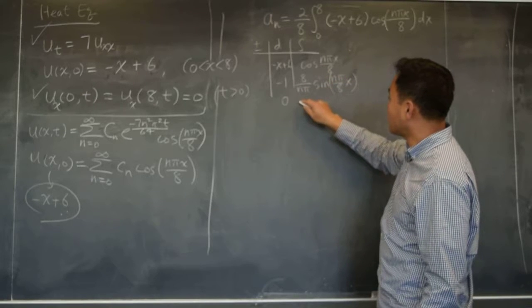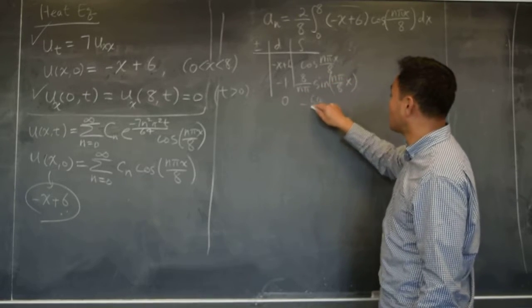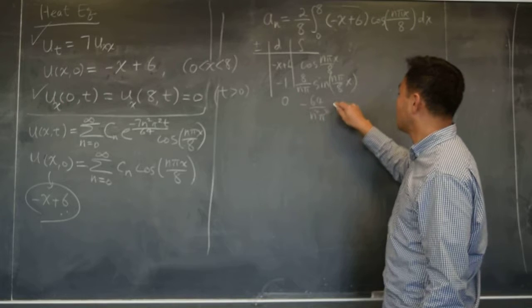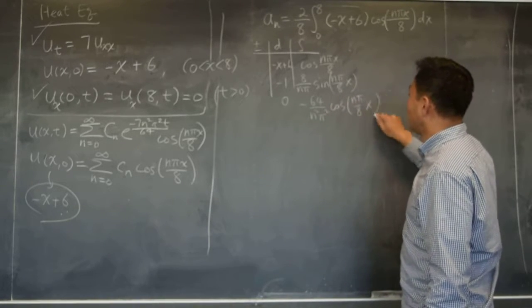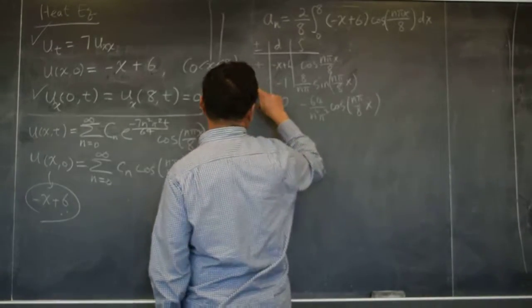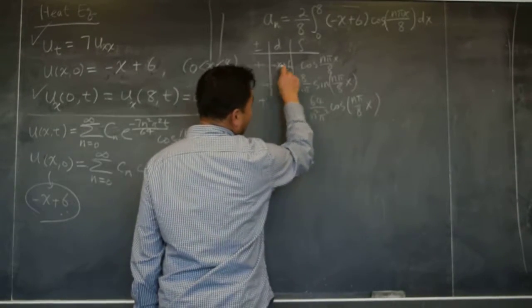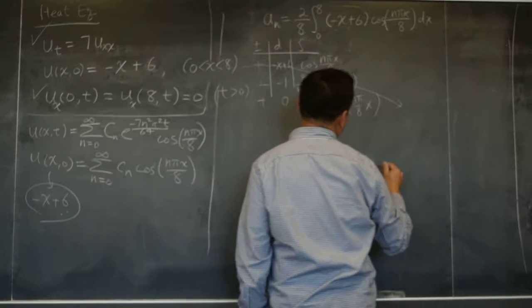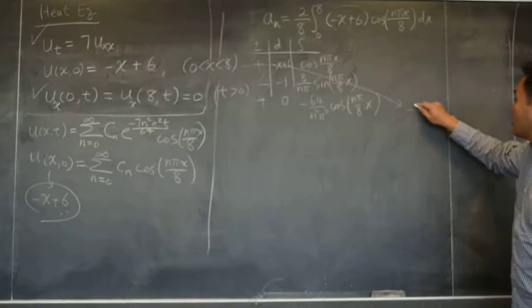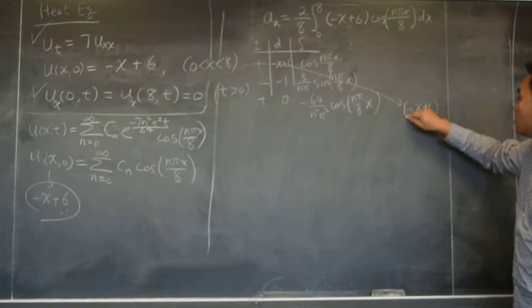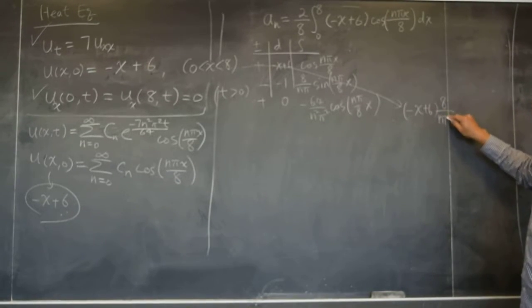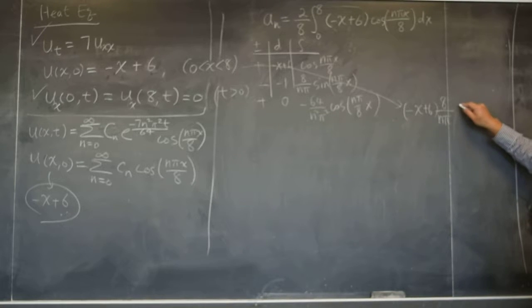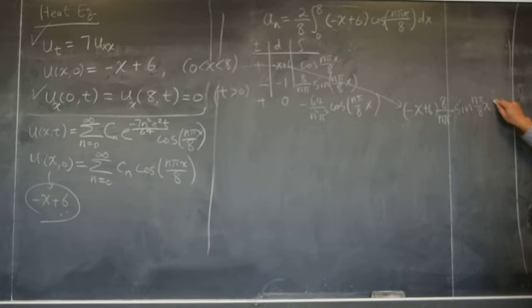And integrating this again, you get negative 64 over n squared pi squared cosine n pi over 8 x. And then this is plus minus plus. Going like that, you get negative x plus 6 times 8 over n pi sine n pi over 8 x.